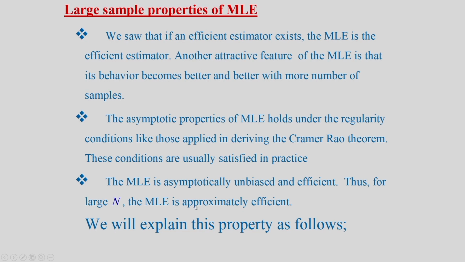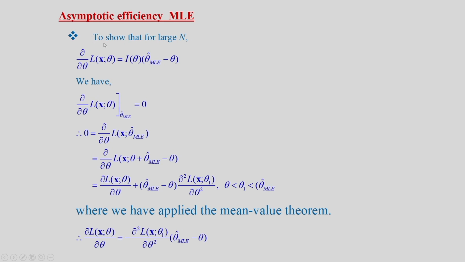We will explain the asymptotic efficiency property. We have to show that for large n, del of L(x; theta) with respect to theta is equal to I(theta) into (theta hat MLE minus theta). This is the one we want to show. If we can show this, then this theta hat MLE will be asymptotically efficient. Now, we will start with the MLE condition: del L del theta at theta hat MLE is equal to 0.